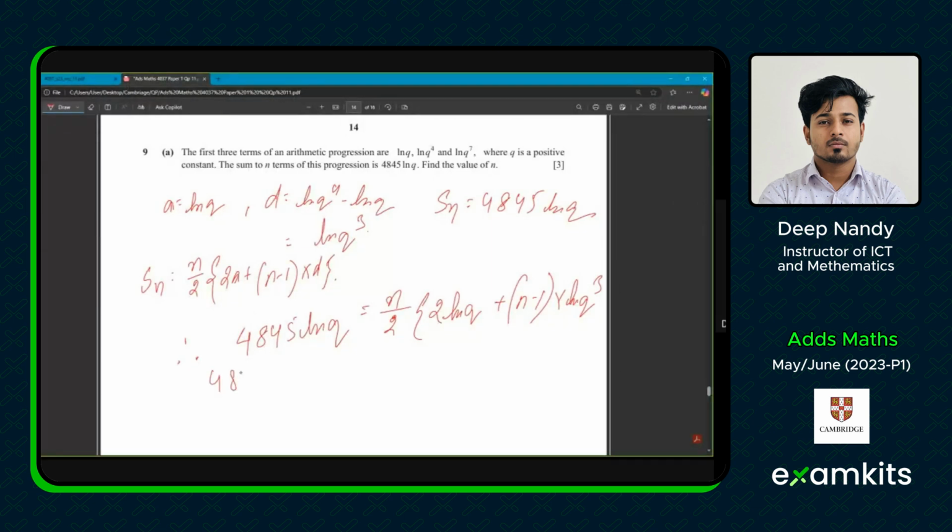So 4845 ln q equals to n by 2 times 2 ln q plus n minus 1 into ln q^3.